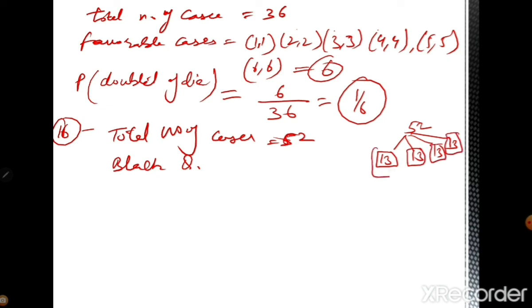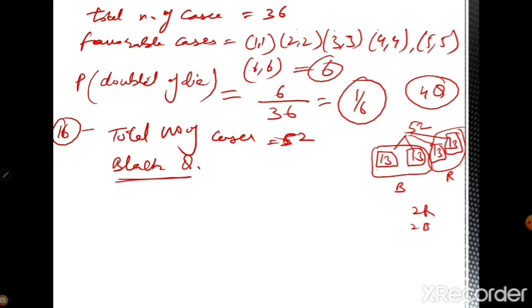Of these, 13 plus 13 is red, and 13 and 13 is black. Each suit has 13 cards, from 1 to 10 and 3 face cards. So there are 4 queens in total. Out of 4, 2 are red and 2 are black.